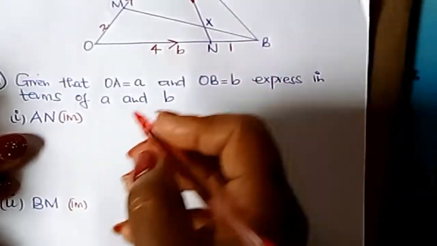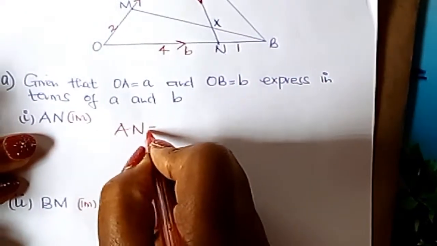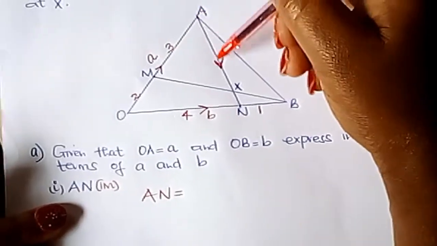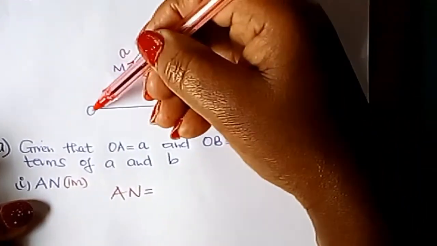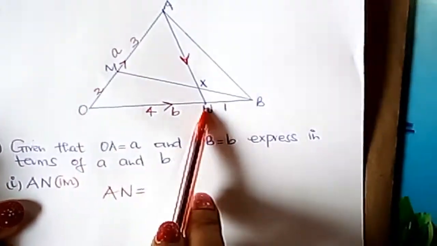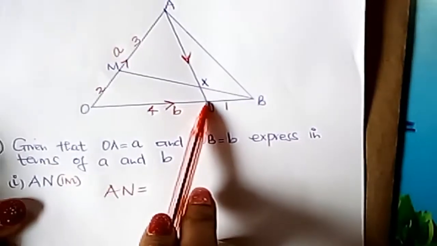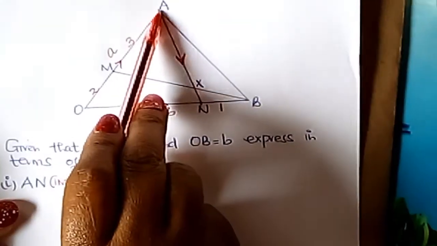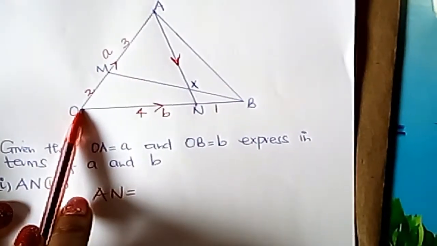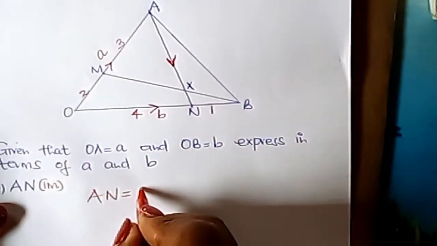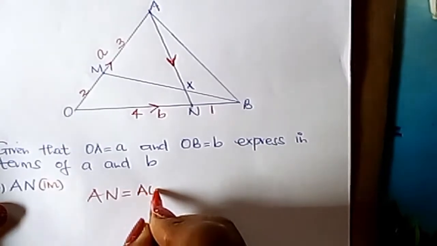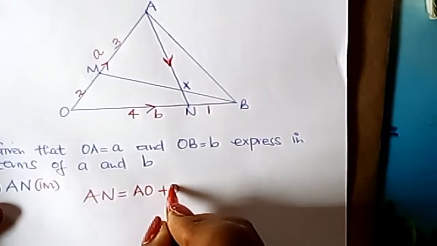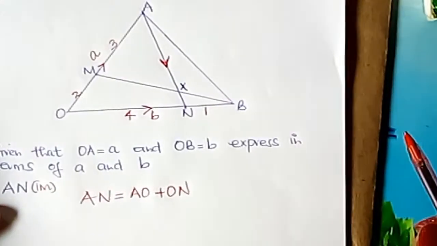So how do you get it? Vector AN, learner, look at this, vector AN is the same as AO plus ON. It's like moving from here to here. We write AO plus ON. That is the very first step.